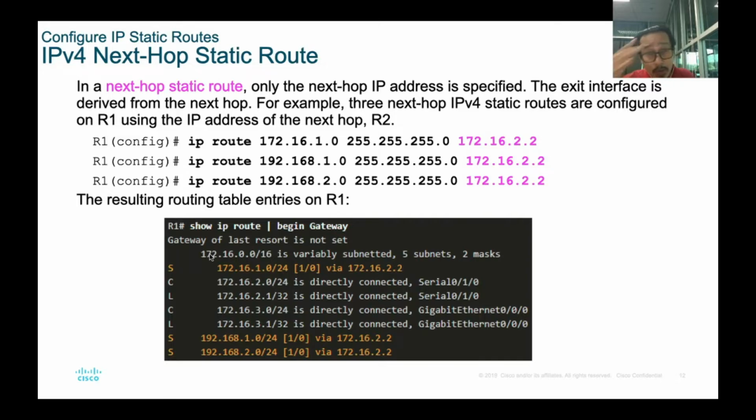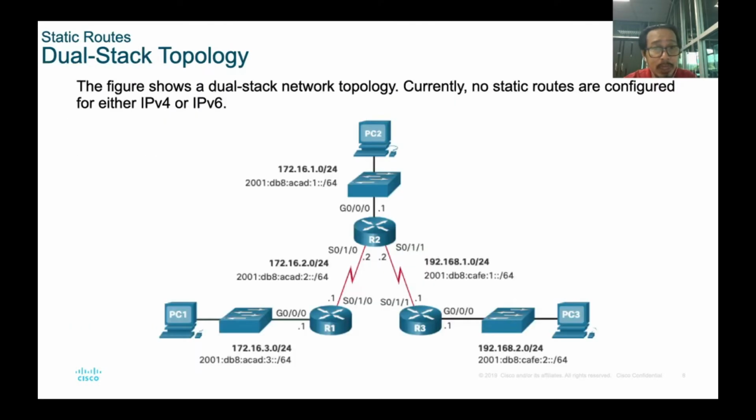Okay, let's think about R2 and R3. Even though I do not provide the slide, you should know how to route all other networks and change their next hop. So let's take a look at our diagram back. On R2, R2 needs to know these two networks, 172.16.3.0 and 192.168.2.0.